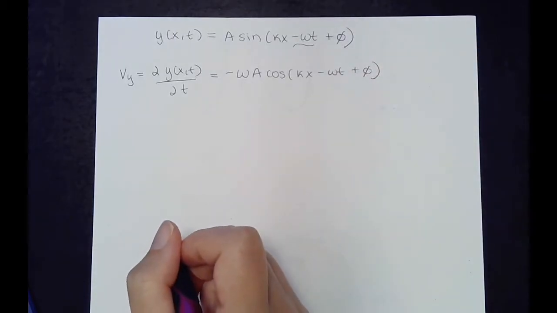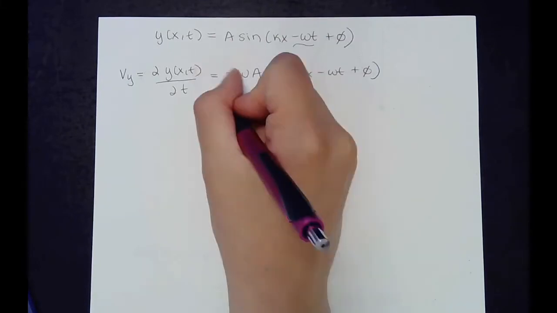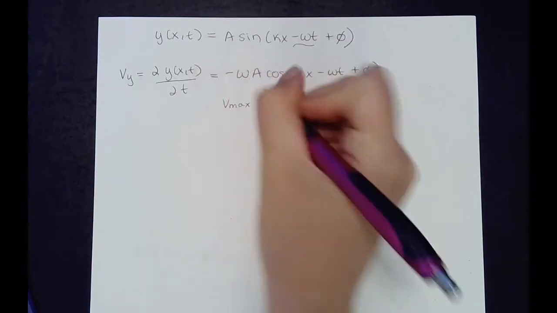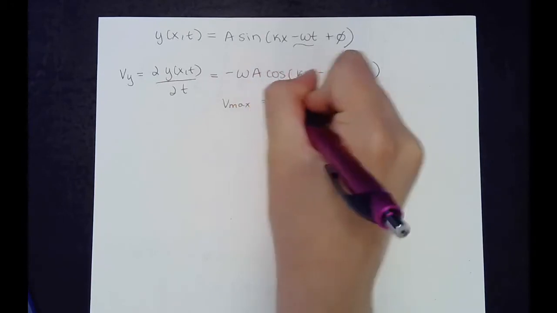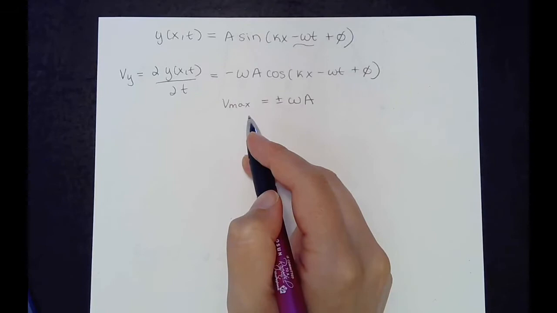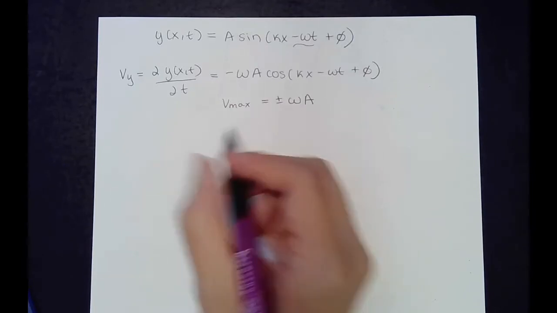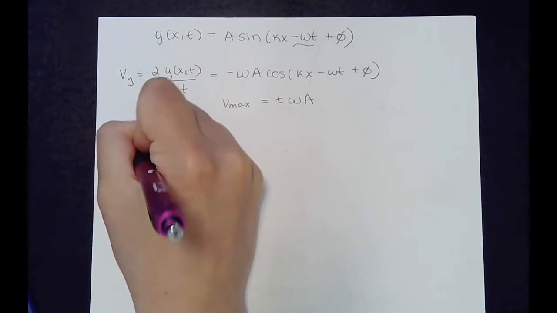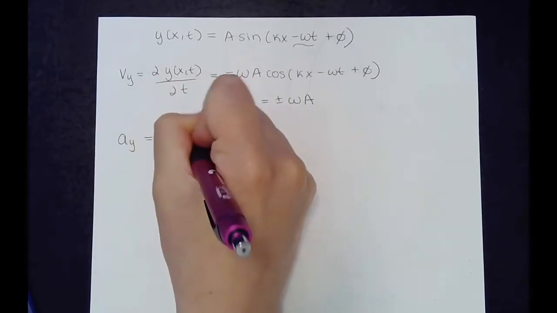And then we can see here, this gives us a function for the velocity. We have a maximum speed, since cos ranges from -1 to 1, of plus or minus omega a, or the maximum velocity of the particles is plus or minus omega a, which is the same as we found in simple harmonic motion.